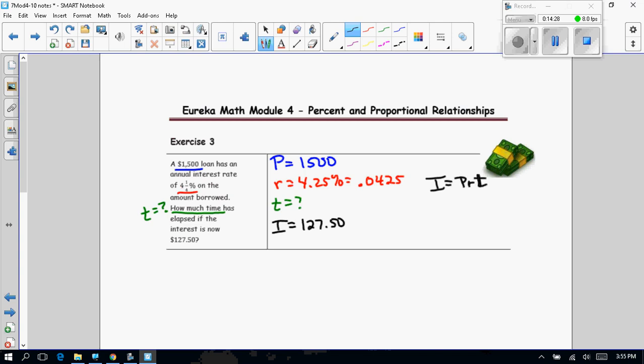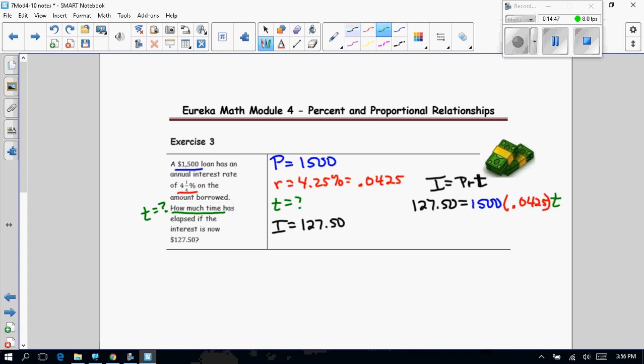If we plug everything in, this should be a piece of cake. $127.50 is equal to 1,500 times 0.0425 times time that I don't know.